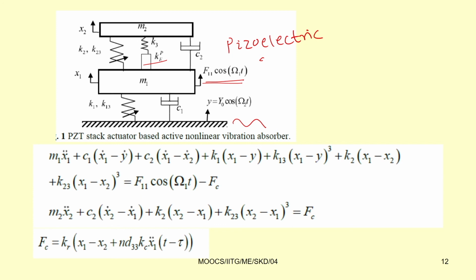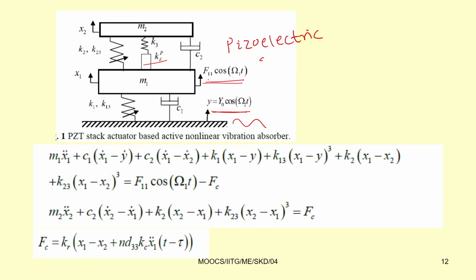For example, as this is moving x1, this is m x1 double dot plus c1 x1 dot minus y dot. This is x1, this is x2. You just see the bottom is moving with y equal to Y cos omega t.